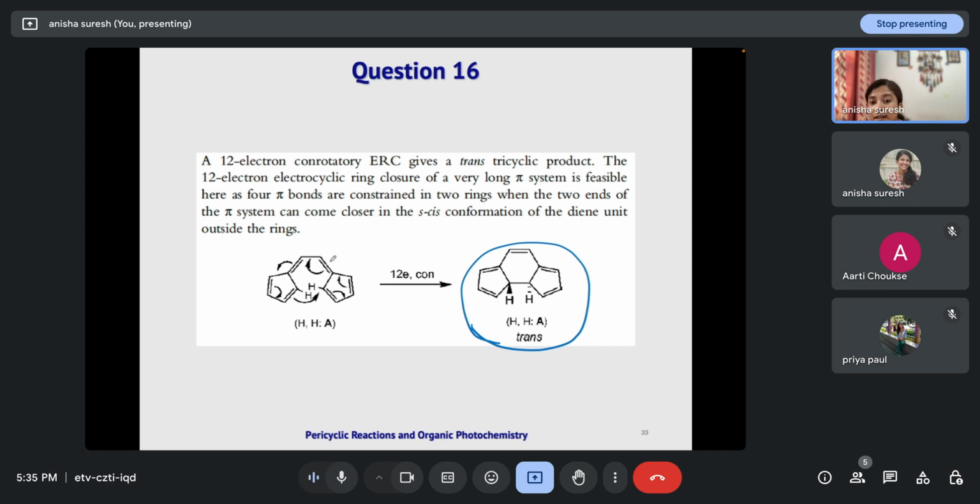So this s-cis conformation is bringing these two units together so that it can undergo this 12 electron electrocyclic ring closure reaction. Okay, so it will undergo a conrotatory mode of ring closure resulting in the formation of this trans product. Is it clear? Yes, ma'am.